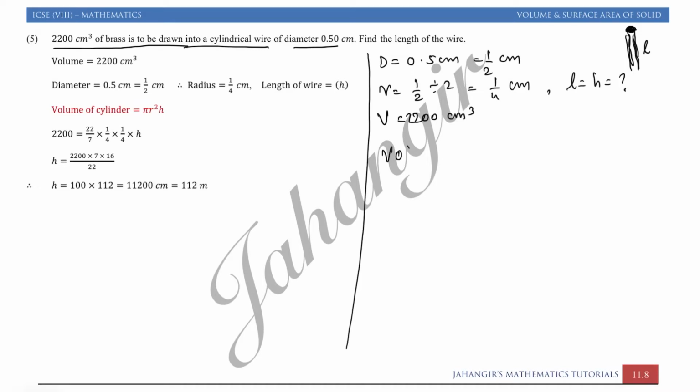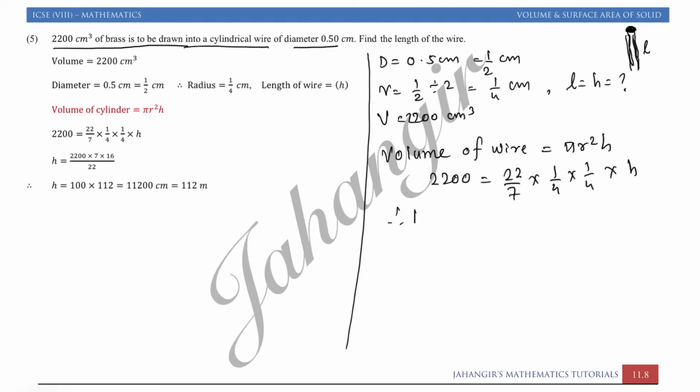So volume of wire, that is cylinder, is equal to pi r square h. So this is 2200, which is equal to 22 by 7 into r, which is 1 by 4, into 1 by 4, into h. Let us not cancel now. So we will find h is equal to 2200 into 7 into 4 into 4 upon 22. 22 ones are 22 into 100.